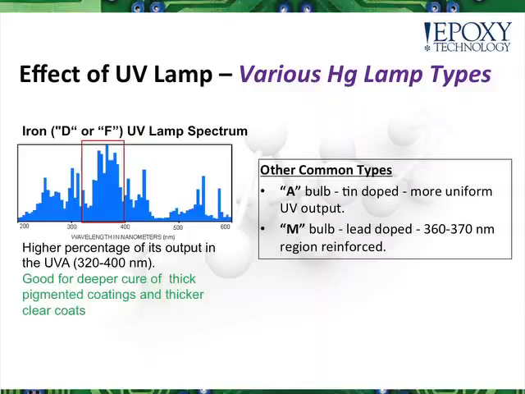This is actually one of the ones we prefer. It has a very high output in the about 300 to right around 400 nanometer range. This one allows for good depth of cure, but also has an excellent overlap with many of the photoinitiators we use for our UV formulations.